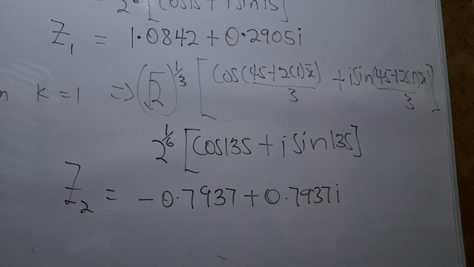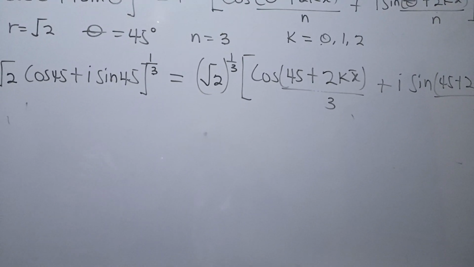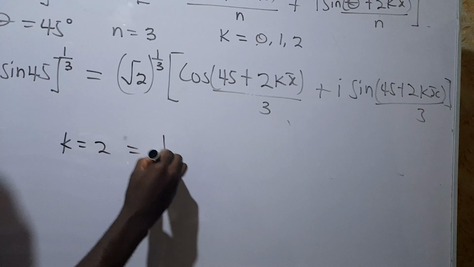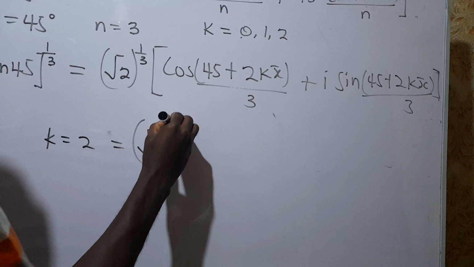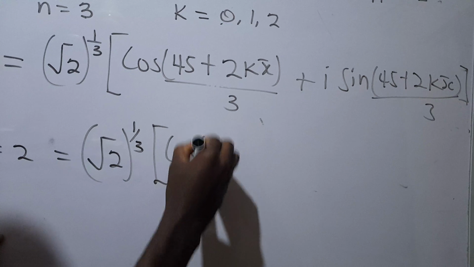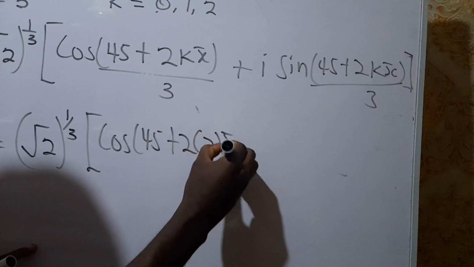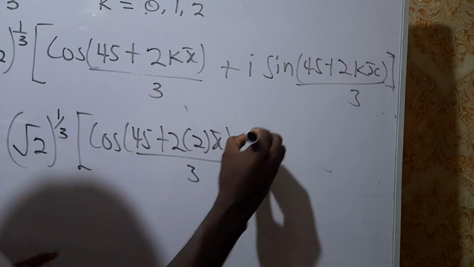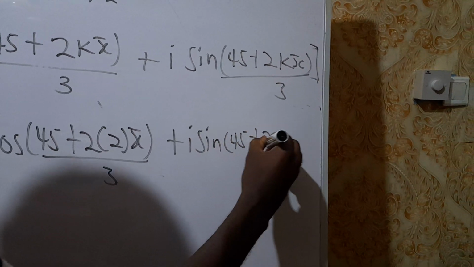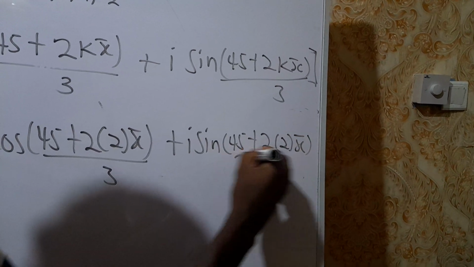Now we'll find the third root where k is equal to 2. So when k is equal to 2, we'll have the square root exponent 1/3 of 2, bracket cos 45 plus 2 times 2 pi all over 3 plus I sine 45 plus 2 times 2 pi all over 3.